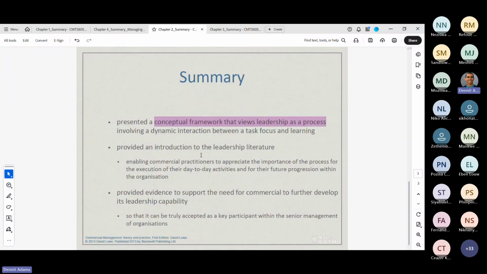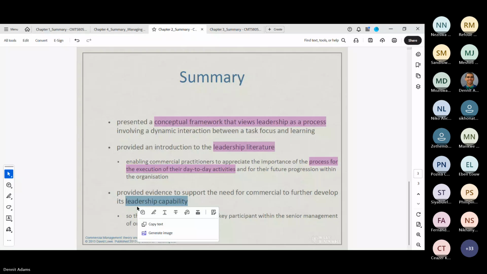We provided some introductions of Senge, I think, and there's also Porter, enabling commercial practitioners to appreciate the importance of process for execution in day-to-day activities. It provides evidence to support the need for commercial to further develop leadership capabilities, to be accepted as a key participant in senior management.